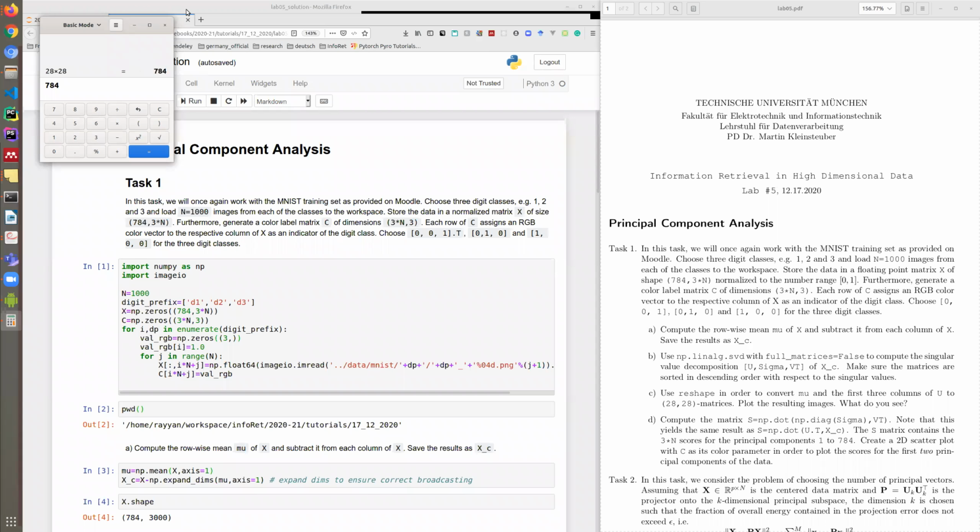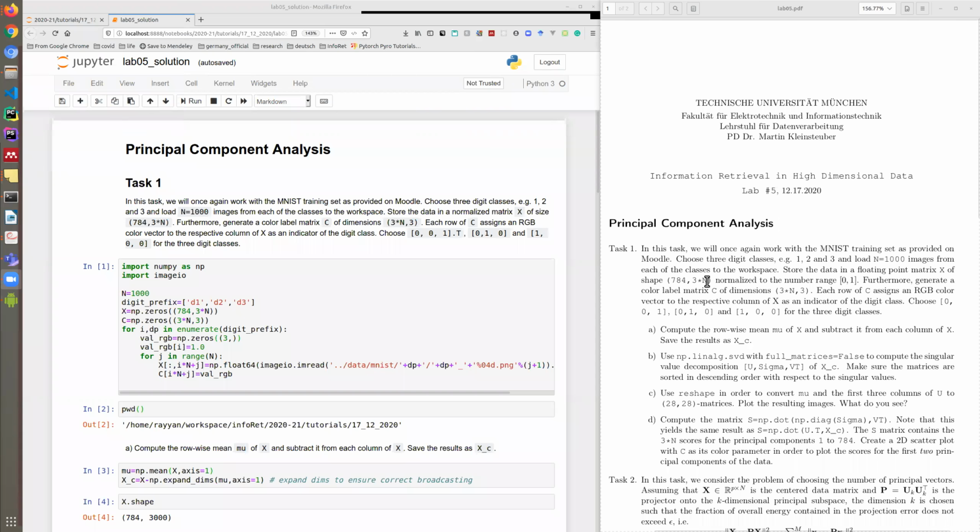These images are 28 by 28 dimensional, so we vectorize the images that we get from the directory. That's why in the end we will get this shape. And then we normalize it by dividing it by 255. You already know the usual drill. And then furthermore generate a color label matrix C of dimensions 3n by 3.